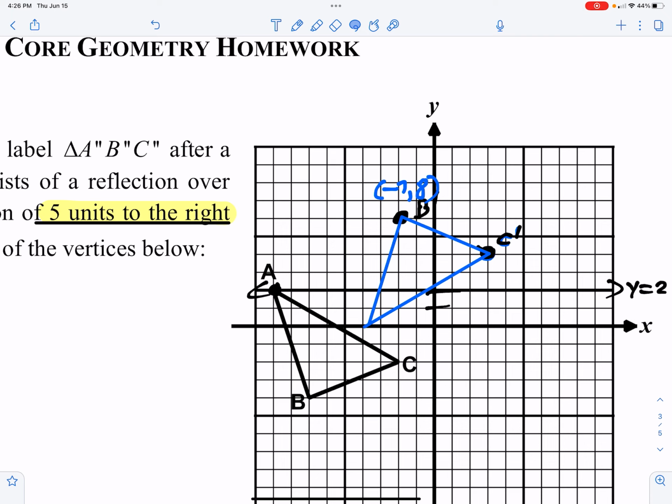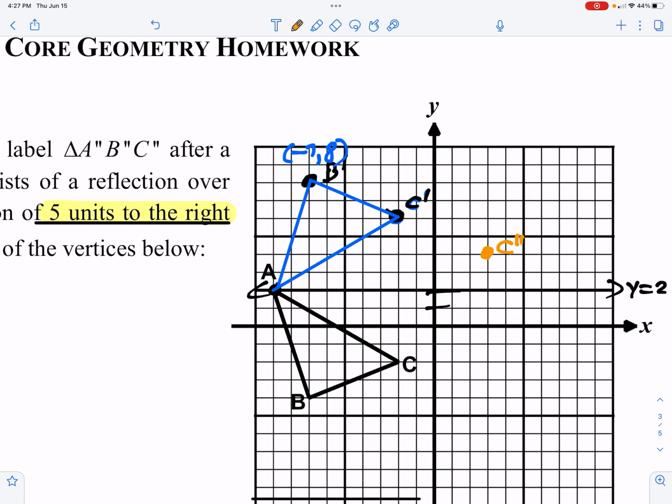And that's ultimately what we're going to do. We're going to take each of those points and go 5 units to the right, 1, 2, 3, 4, 5, and 2 units down. There's our C double prime right there.